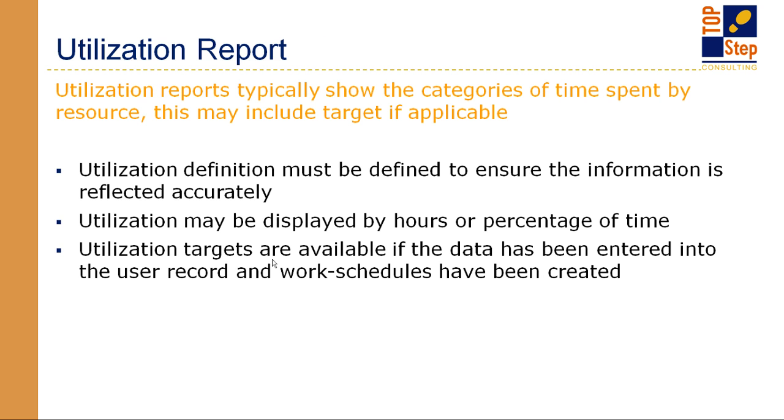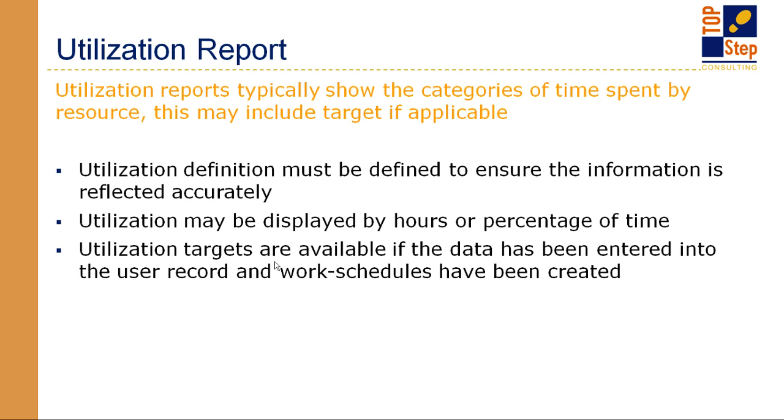Is it billable utilization and something called productive utilization, which may be projects that aren't client utilized, but you still get utilization credit because it's been decided by the organization that folks are allowed utilization credit. And there's also the ability to look at utilization in hours or percentage. And if you set up utilization targets by user, you can look at a target versus actual comparison, which can be very helpful when you want to understand how folks are tracking.